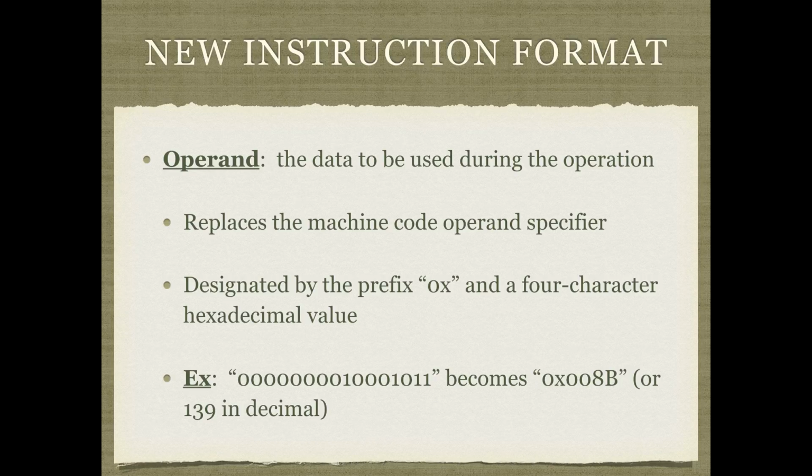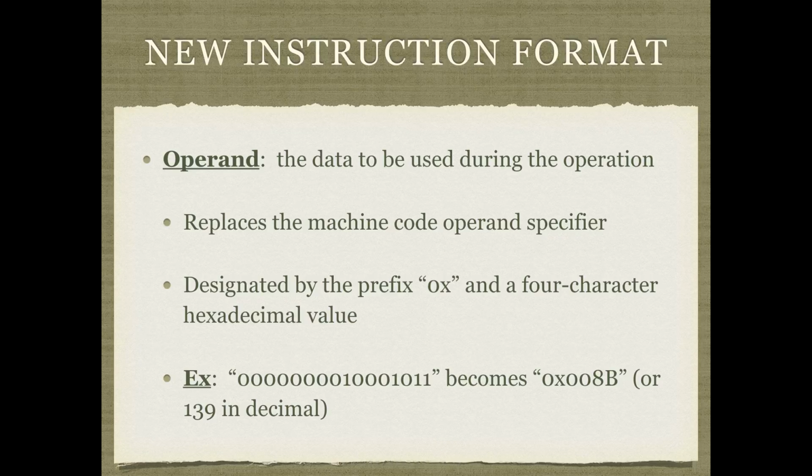After your operation mnemonic, you need to have the operand, which is the same as before, the data to be used during the operation. In this case, it replaces the machine code operand specifier, that whole 16-bit block, and we designate it with the prefix 0x.